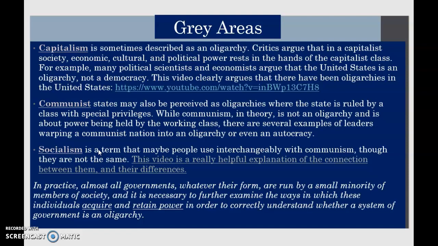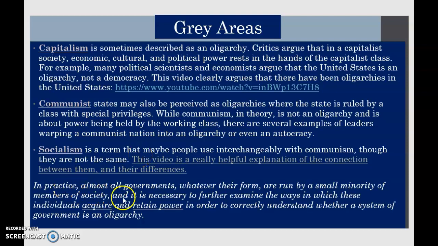For example, you might think of countries that have socialized healthcare for everyone, like Canada or Sweden. But they still have private property, and they still have democratically elected leaders. So here is another video to explain the connection between socialism and communism and the differences, because they overlap.